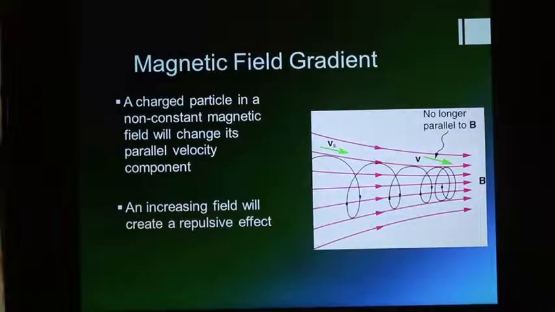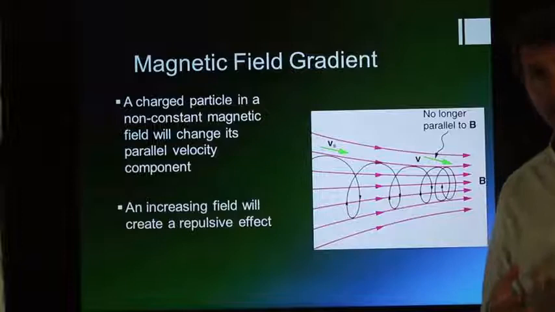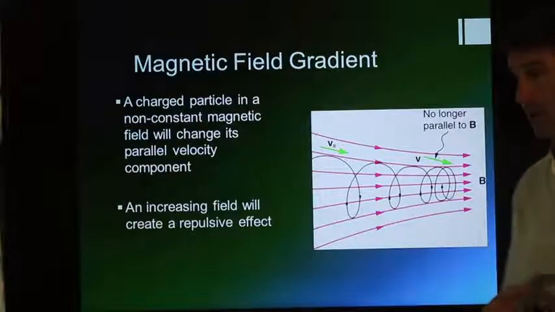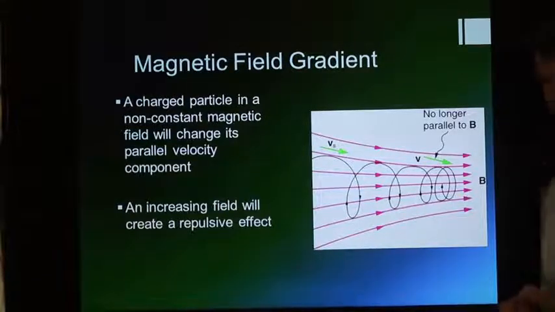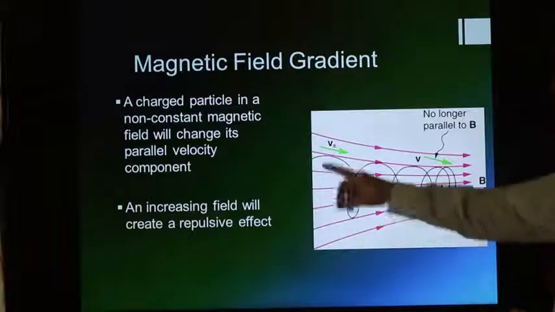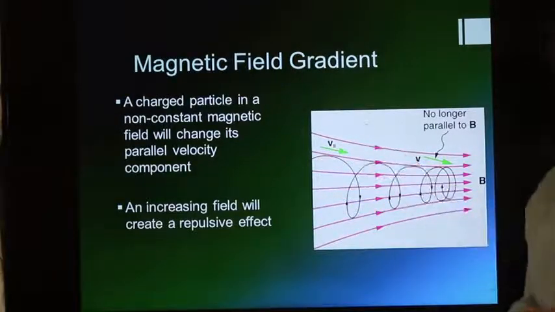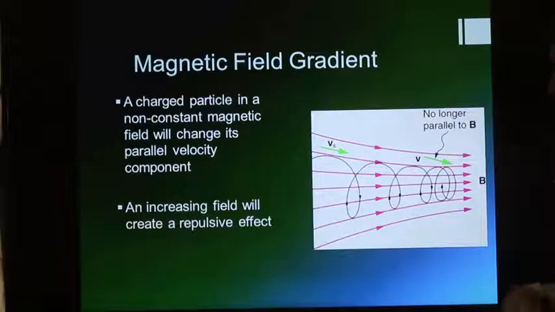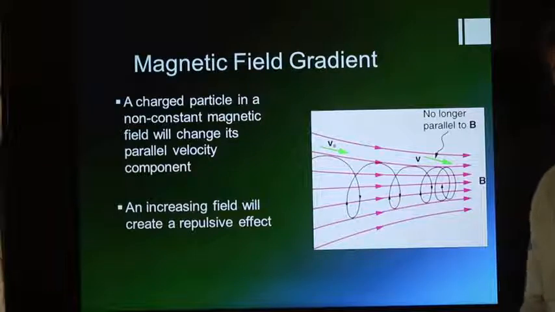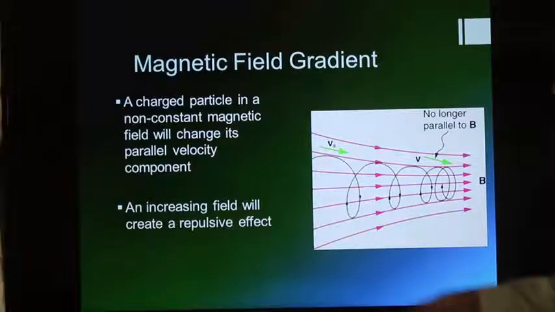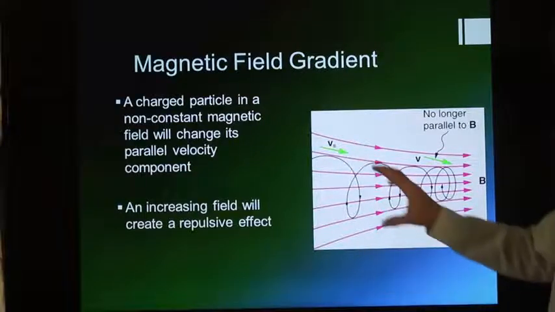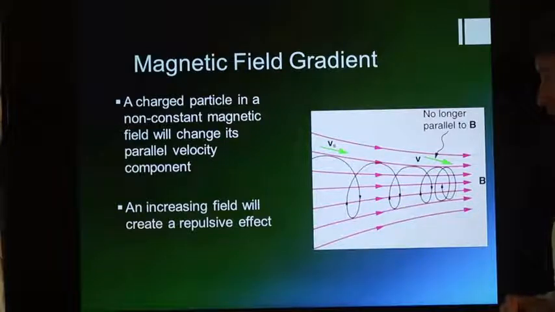What's interesting is if we take our magnetic field and we create a gradient, this creates what's called a magnetic mirror. Now, again, if this particle has a velocity with some perpendicular component to the magnetic field, that is going to be related to the radius of the curvature. But the parallel component is going to have it moving along the magnetic field lines.